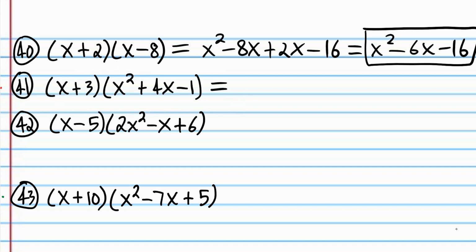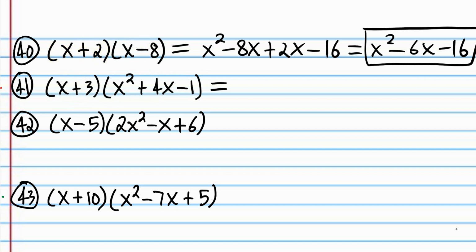But be aware that FOIL does not work when you're multiplying a binomial by a trinomial or anything bigger than a binomial. The acronym FOIL only works when you're multiplying two binomials. So again, we have a binomial here and we have a binomial here. In this case, we have a binomial, but over here we have a trinomial. So FOIL doesn't work.